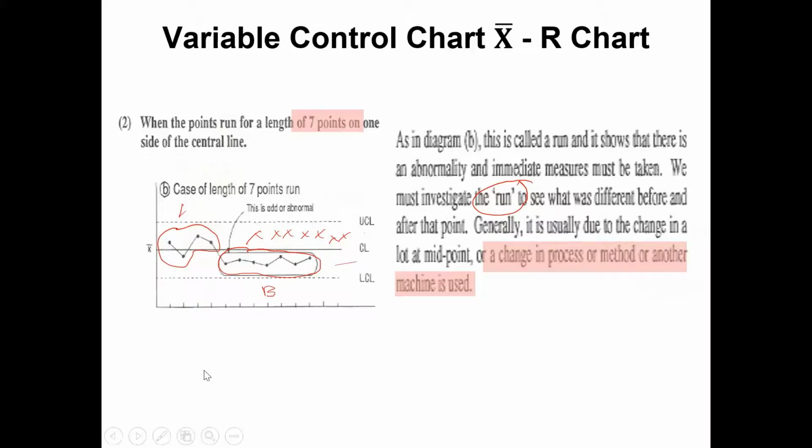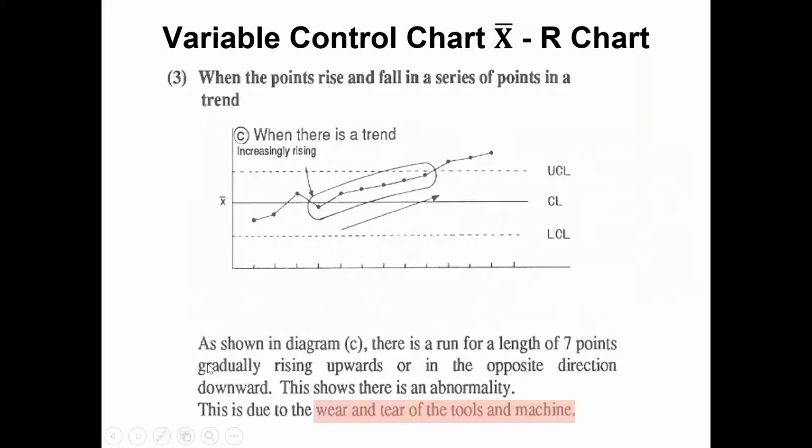How about the third rule? The third rule of Shewhart suggests that if there are 7 points continuously moving upwards, or 7 points continuously moving downwards, this is another indication that perhaps an assignable cause exists in the process.